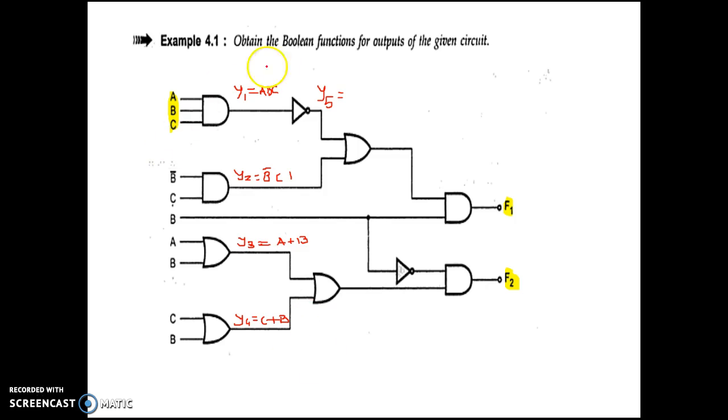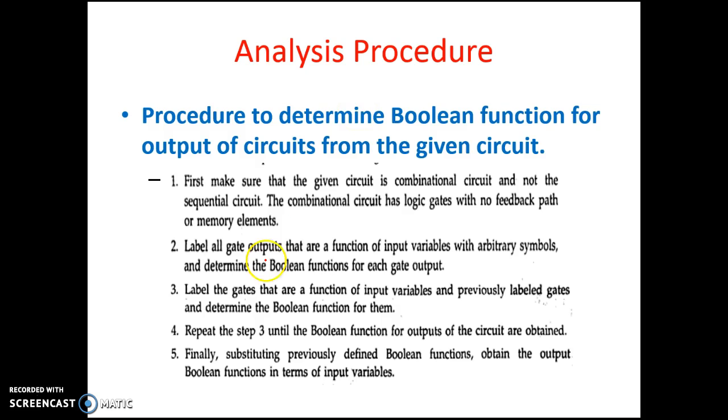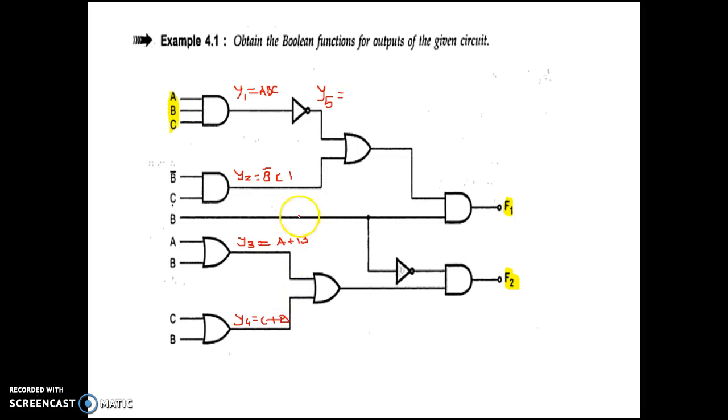Just like that, we can have step number 3. Repeat the step: label the gates that are functions of the input variables and previously labeled gates and determine the Boolean functions for them. So we can do this further until we finish all the logic gates that produce an output. Here the complement of Y1 is the output of your NOT.